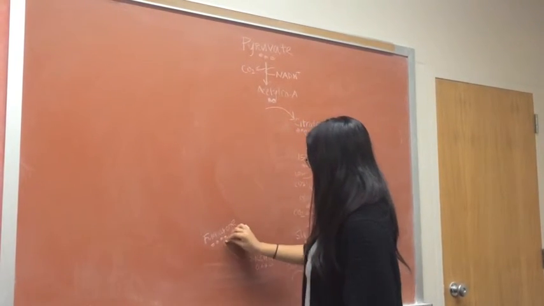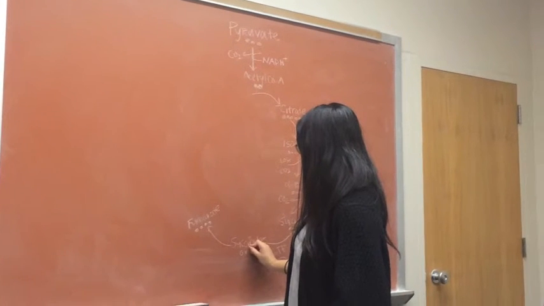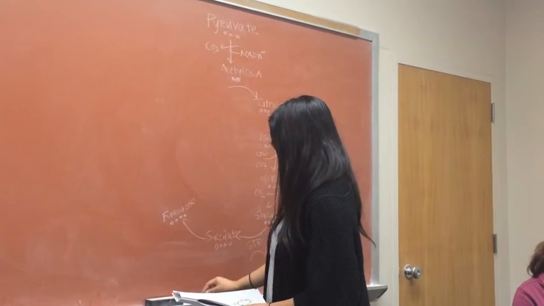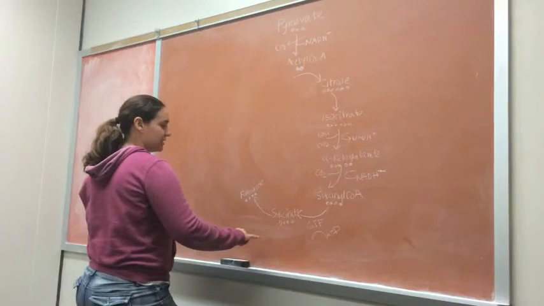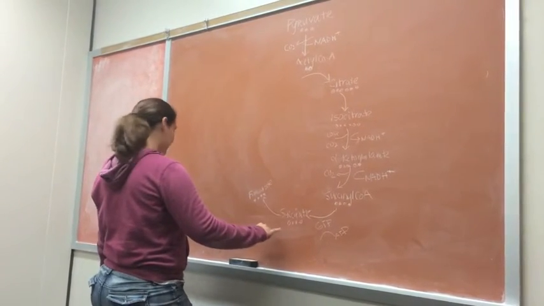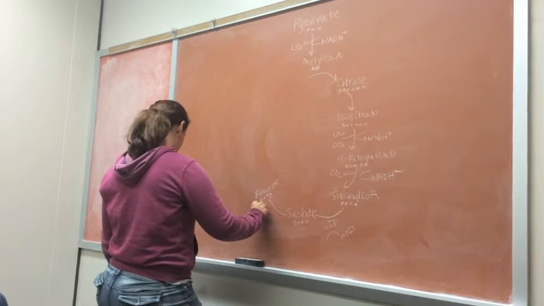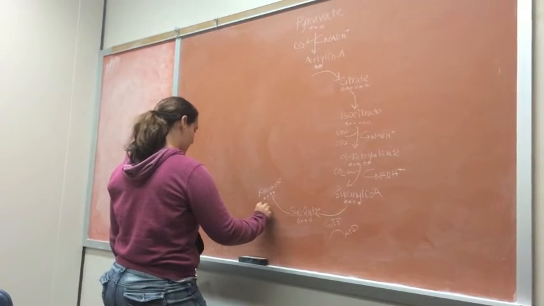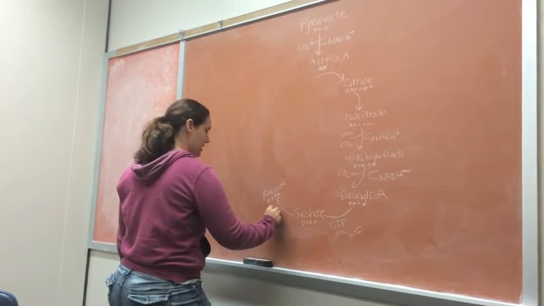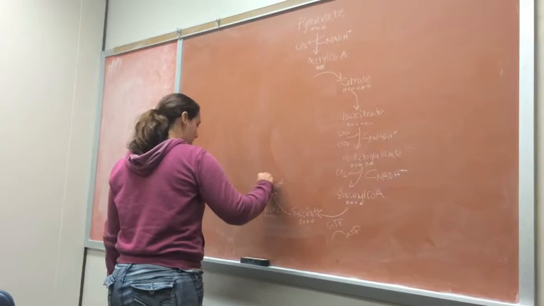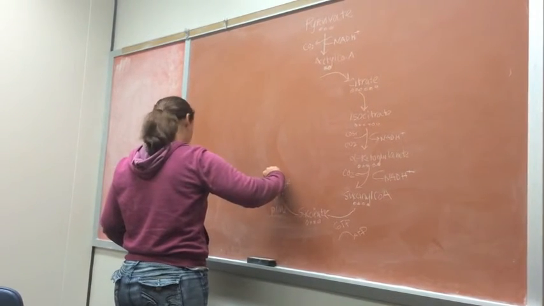So there's no loss of carbons during the succinate to fumarate transition. Okay, it's your turn. In the process from succinate to fumarate, it gains a FADH2 and loses nothing.